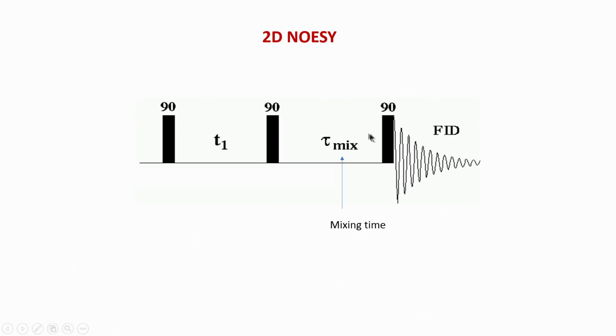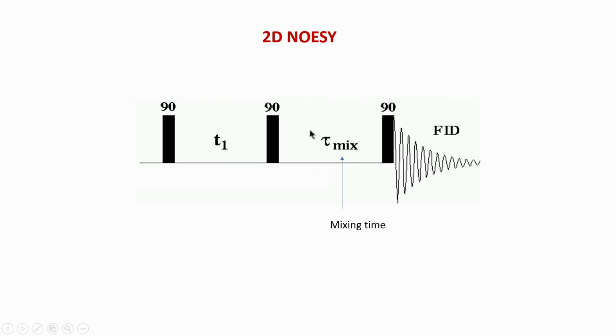Now, that transfer from A to B or B to A or A to C and so on is further excited with another 90-degree pulse, because remember during this period it is along the z axis. We cannot detect a signal unless we bring it to the xy plane, and that is done by this 90-degree pulse. Then we detect the signal, and that is the final detected signal.